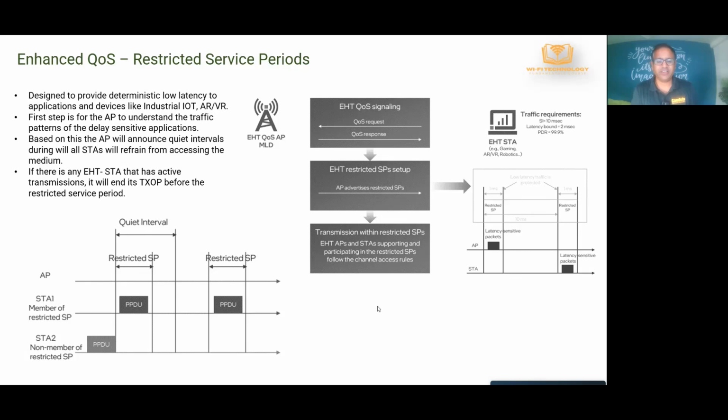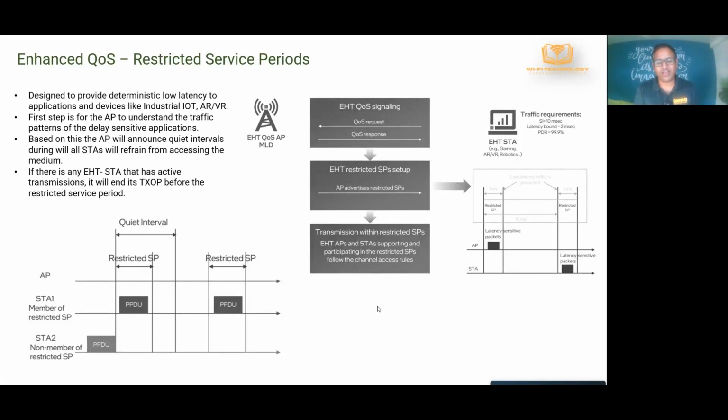This is for devices or stations that have deterministic traffic, where the AP can announce certain restricted service periods, where the stations that are members of that restricted service period can transmit. It is in some ways like the PCF model.